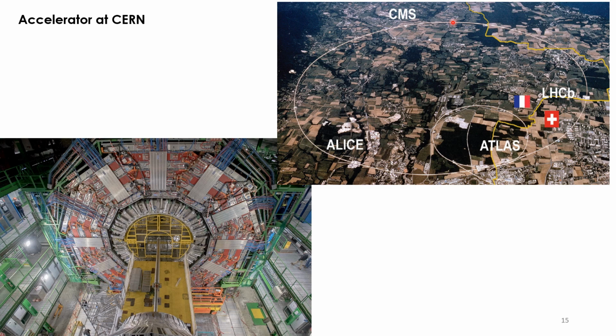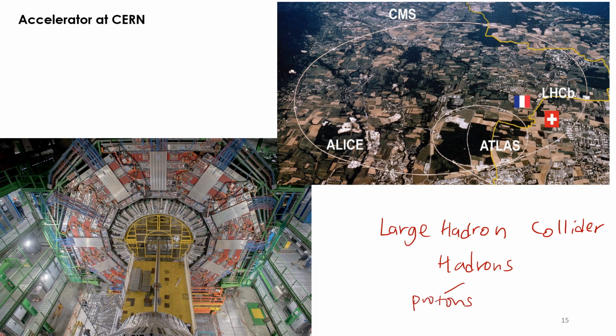And for this LHC, which is Large Hadron Collider, the name is very literal. It means that this is the place where hadrons will collide. Hadrons refer to protons in this case.